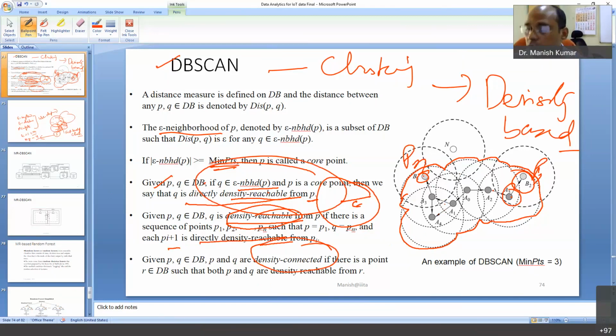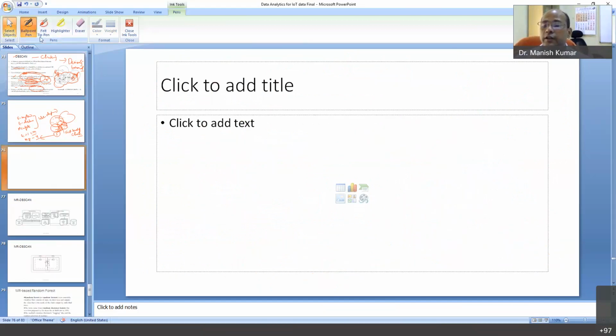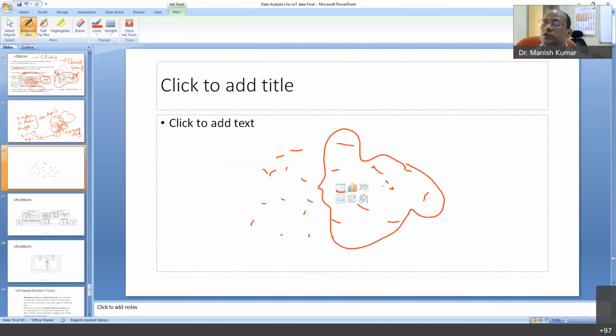So what is happening is that you have data points like this. So you start with this and then you go for this to be one cluster. Then if you move to other, then you look for this will be another cluster, then this will be another cluster.